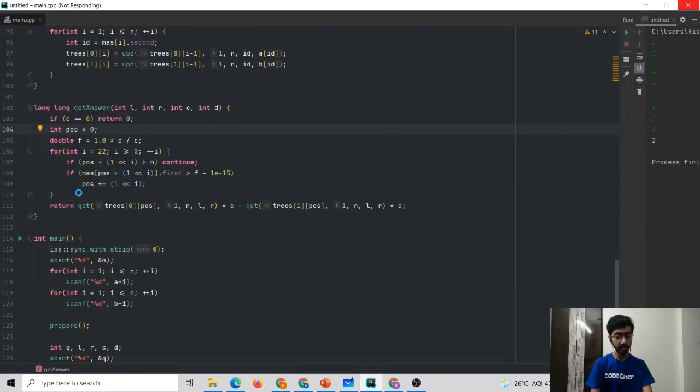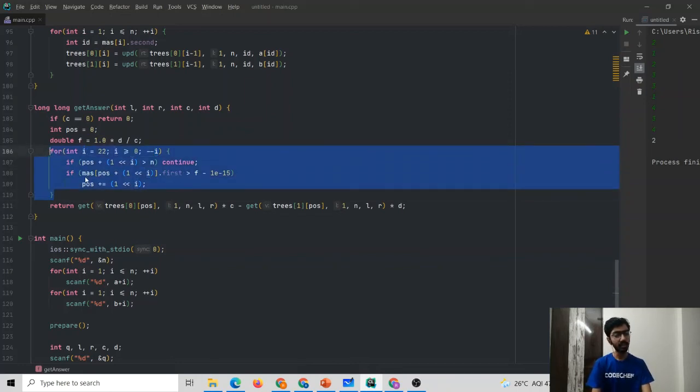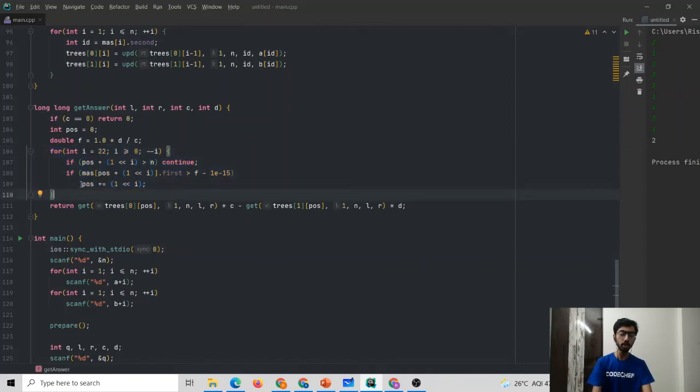We apply binary search to find the position such that all the values after this position are greater than this value of D by C. Since the array has no more than 10 to the power 6 elements, this implementation of binary search is going to work. But we can also use any implementation of binary search to find the position such that all the values after this position have the A by B value greater than D by C.